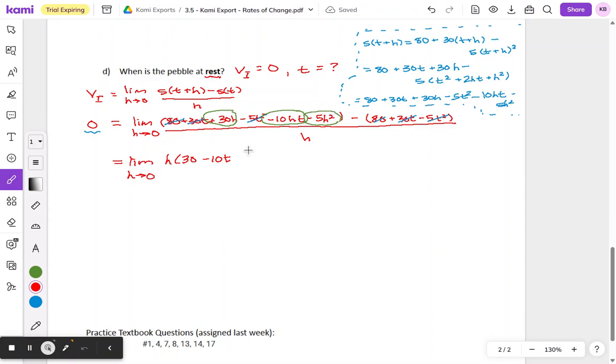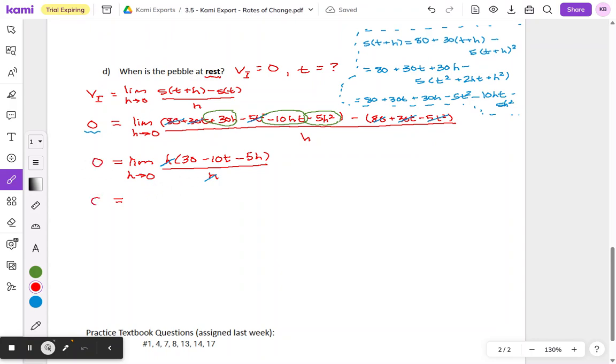Once we remove the h, I'm going to cancel the h out, and now we can substitute without it being indeterminate. So I'm going to come outside of my limit now. I don't need that anymore. And I'm going to replace h with 0.